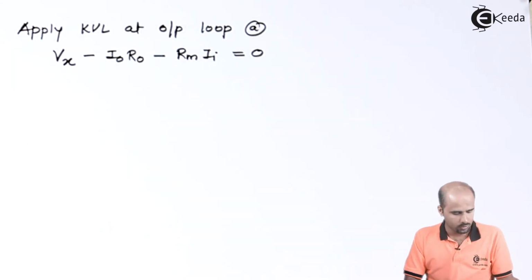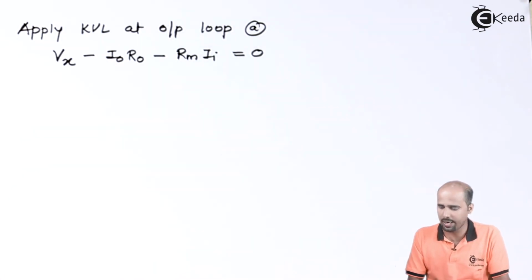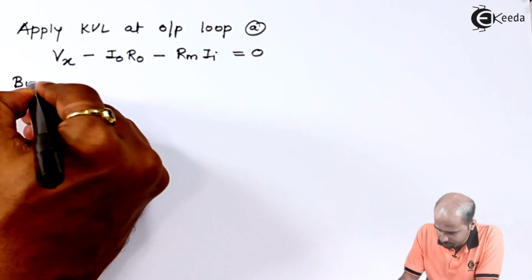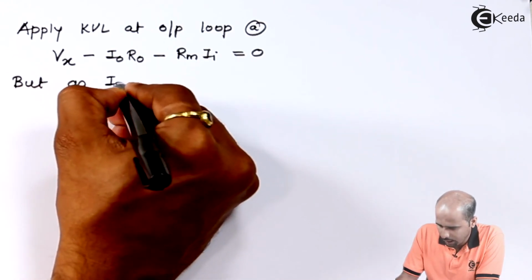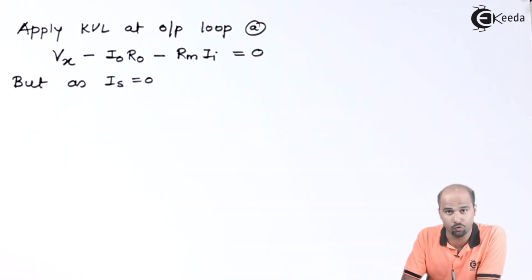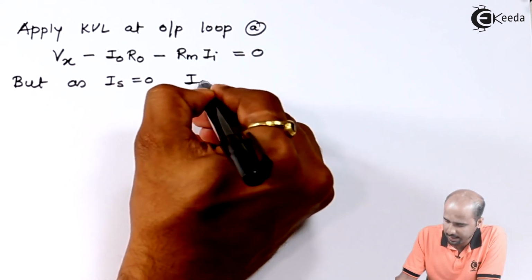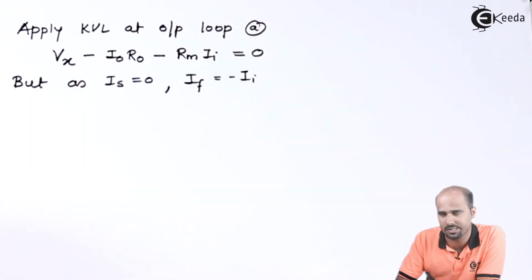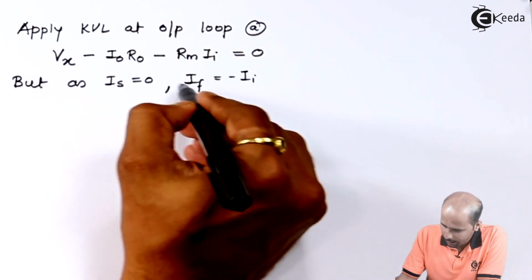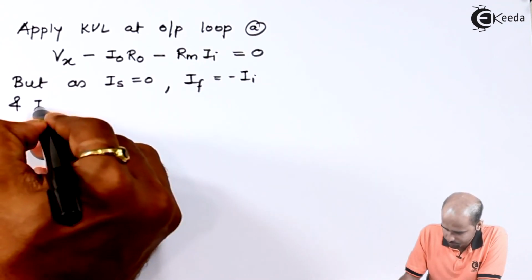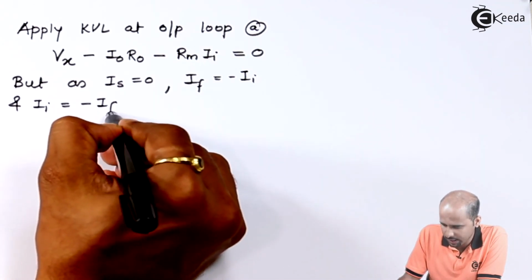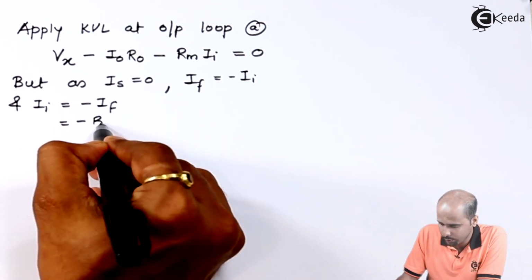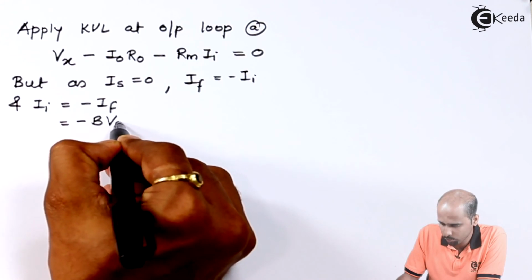Now what we have to do is convert this particular II into IF. As Is is equal to 0 because of the open circuit, I can say that IF is equal to minus II, or in another sense, II is equal to minus IF. And I know that IF is nothing but B into VO, so II is minus B into VO.